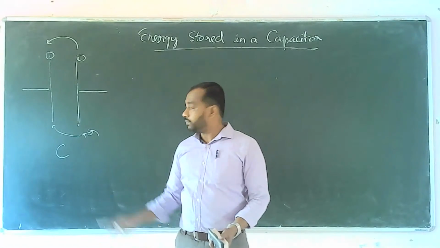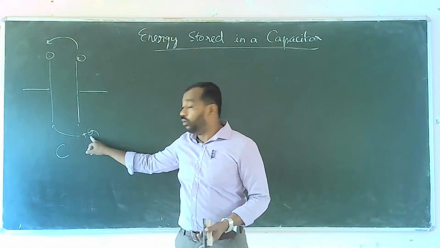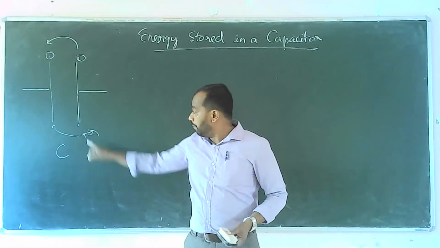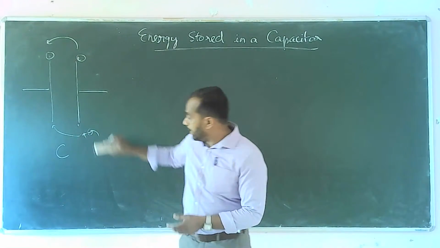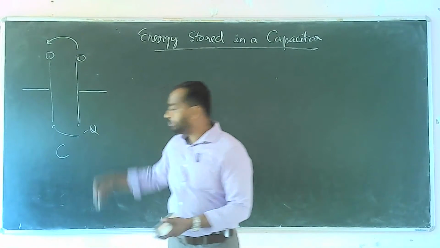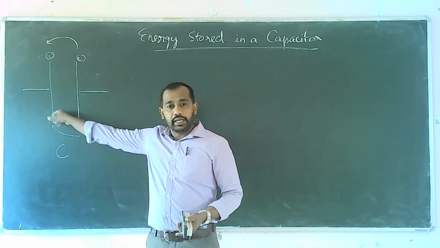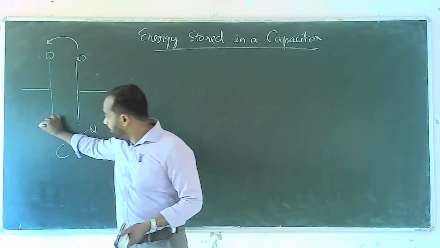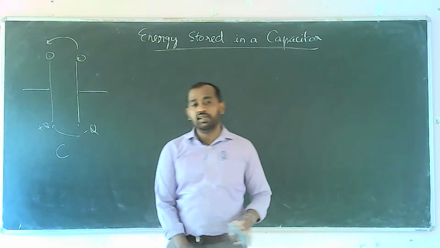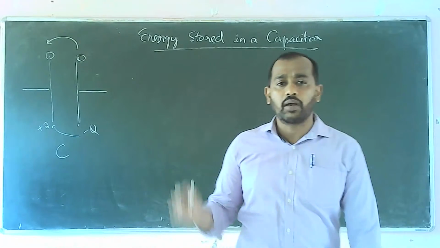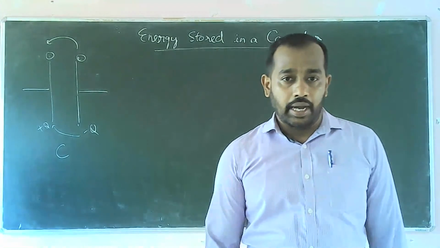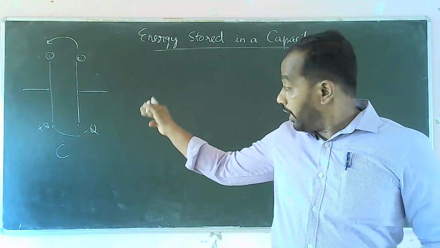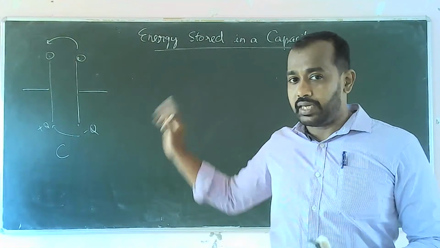Then what happens? The second plate, which was initially neutral, by losing plus q amount of charge, becomes minus q. The other plate, by gaining plus q amount of charge, which was earlier electrically neutral, now becomes positively charged with plus q. That's how we are going to consider it here. Again, I'm going to remind you that no positive charges can move.